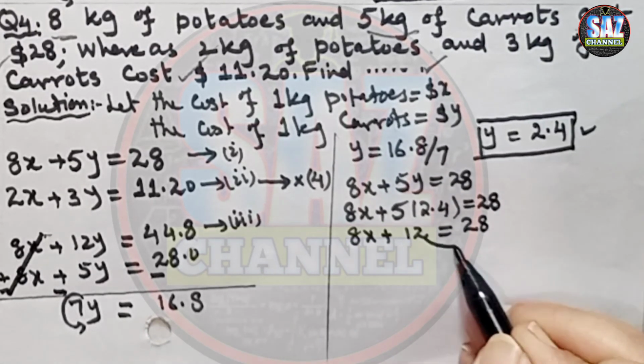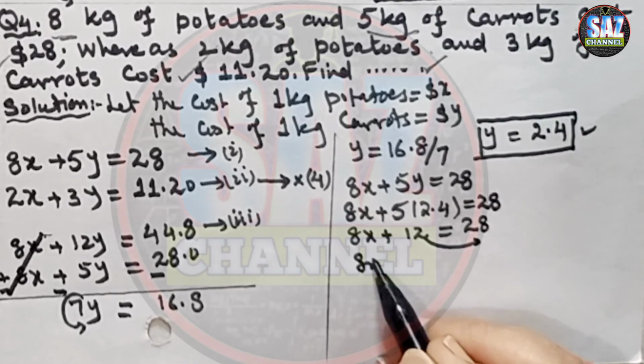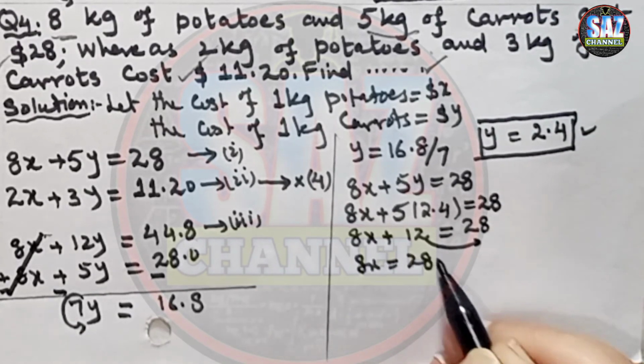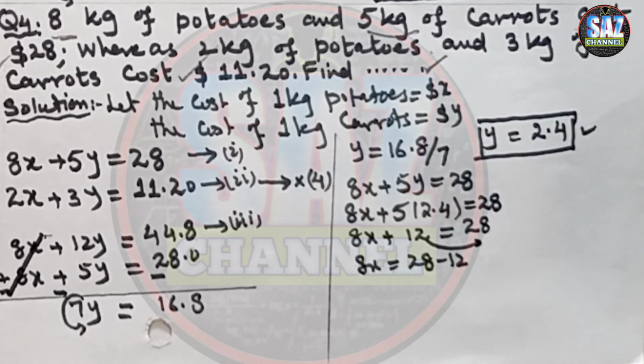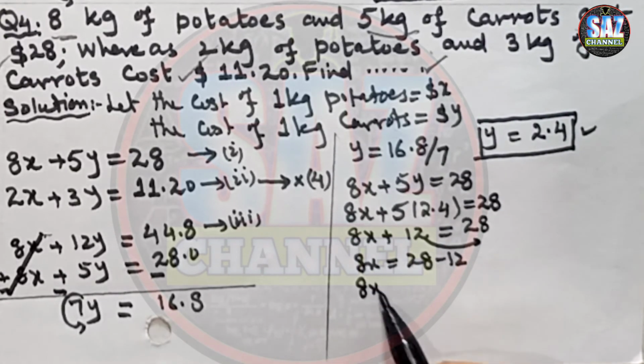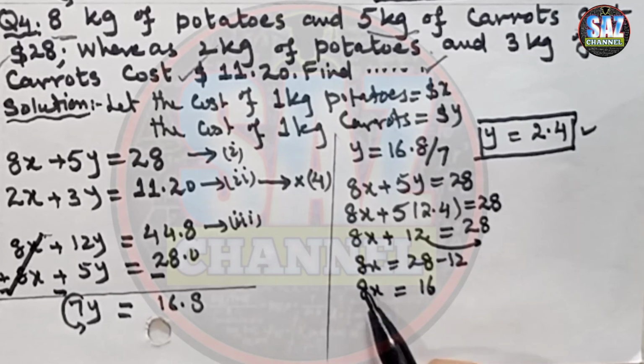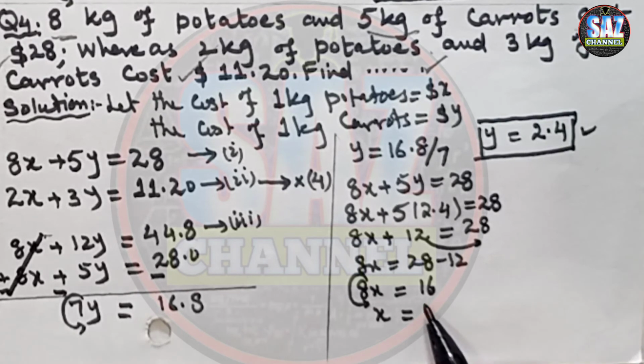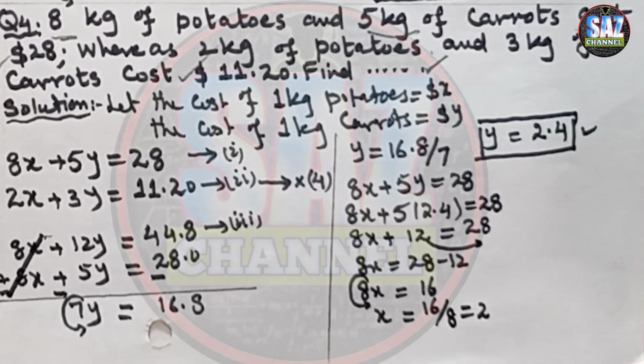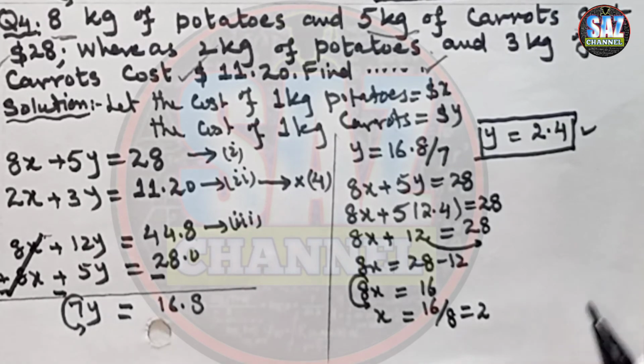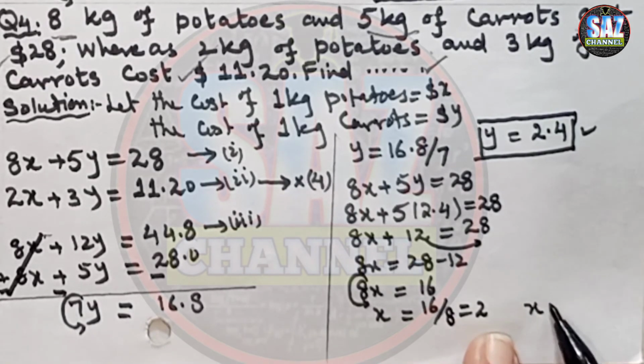Shift 12 to the other side. 8x equals 28 minus 12. 8x is equal to 16, and I have to shift this 8 to the other side. X equals 16 by 8, which is equal to 2. So the value of x is 2.